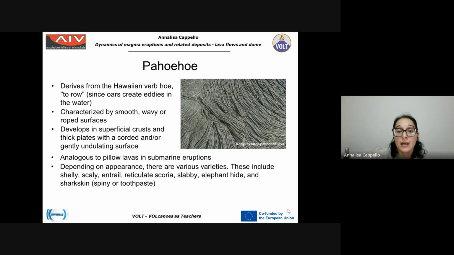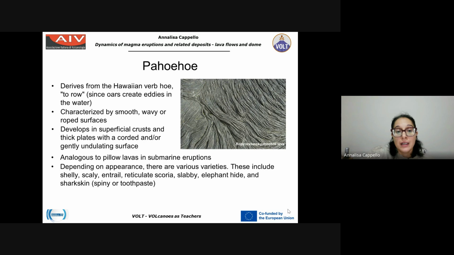For this reason, pahoehoe lava is also called rope lava, because its appearance resembles that of a rope. This particular appearance is due to the fact that the lava is very fluid, so it solidifies on the surface but continues to flow quickly underneath.